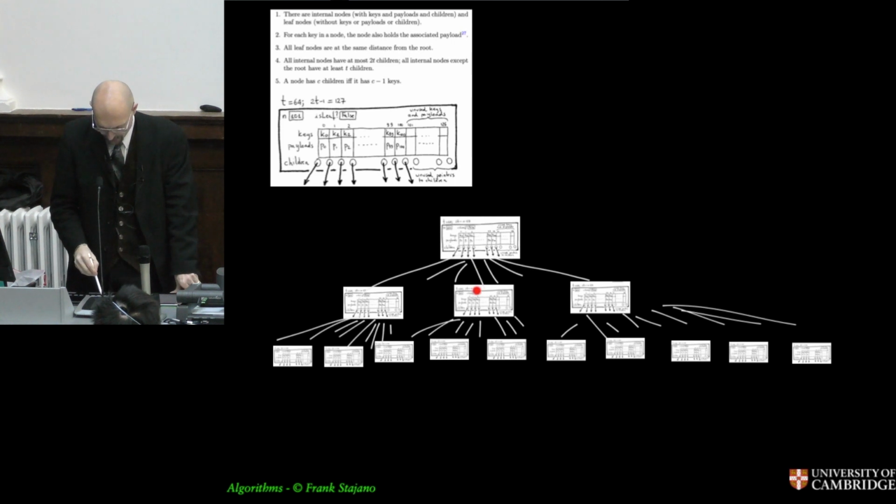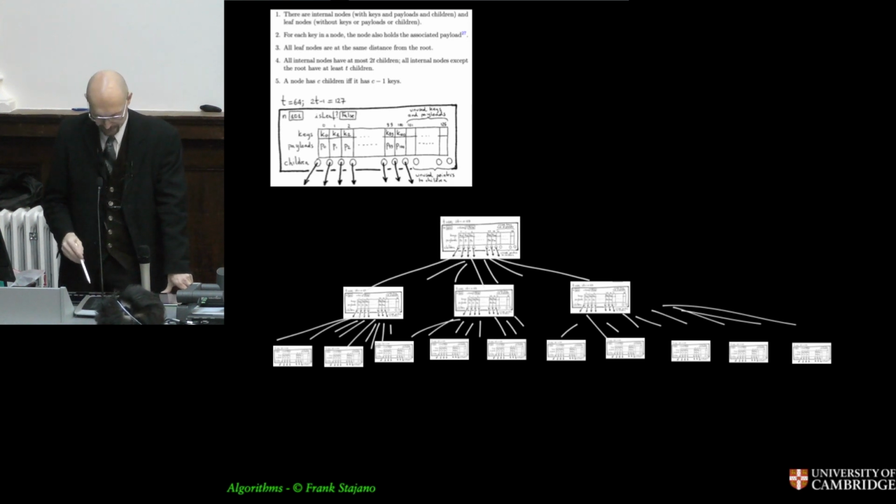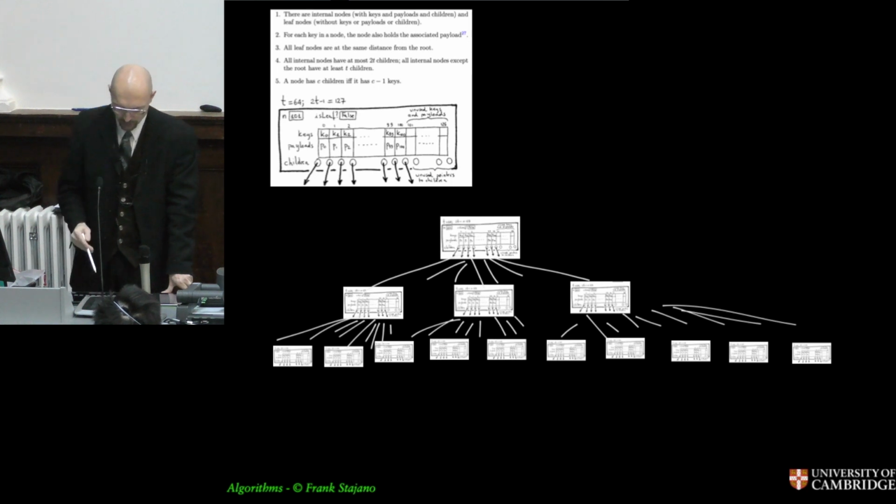So you make your tree as shallow as possible by making the branching factor very large, which could be thousands. And you have this structure in the node where you have a minimum and a maximum number of children. Minimum number of children is called T. Maximum number of children is going to be twice that.